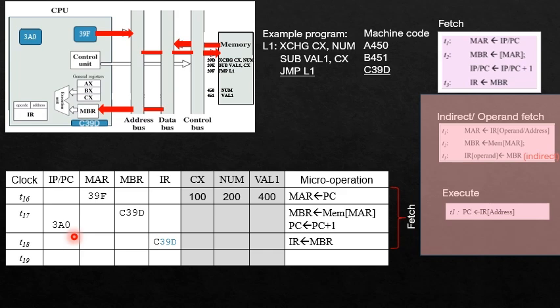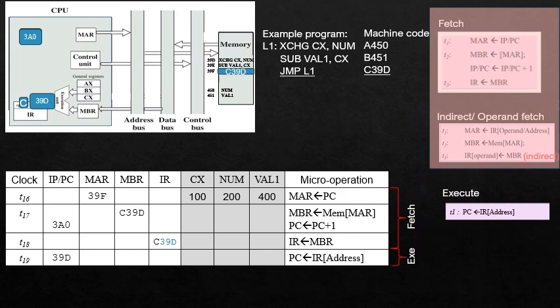Then the instruction C39D in the next clock cycle will reach the instruction register. As mentioned, there is no operand fetch in this case based on the jump instruction. So the next thing that will happen is the execute subcycle, where for jump, it is to update the PC value based on the jump target address, which is L1.